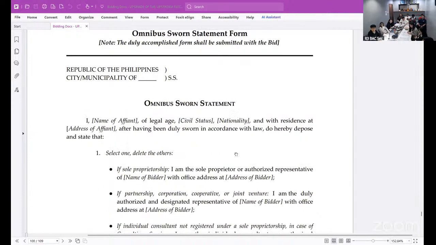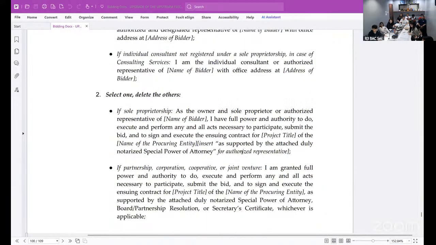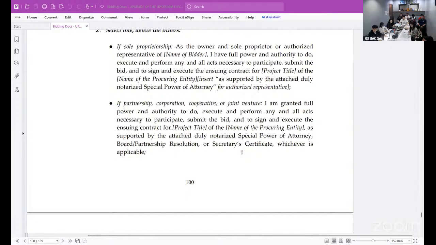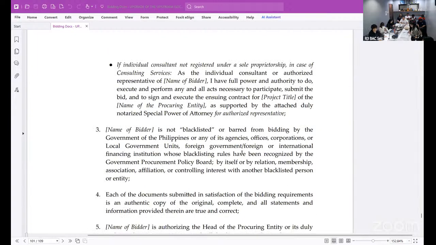Can we check the omnibus sworn statement? So that's the omnibus sworn statement. Okay, next. Okay, next.